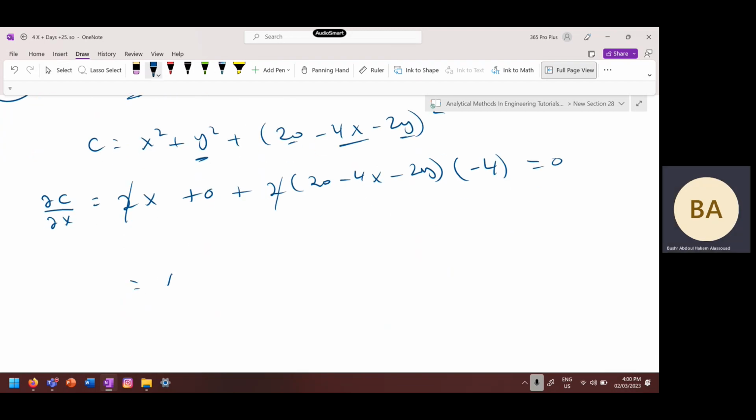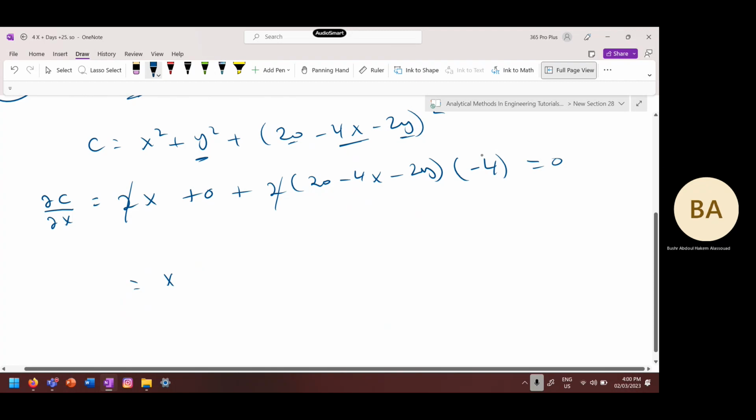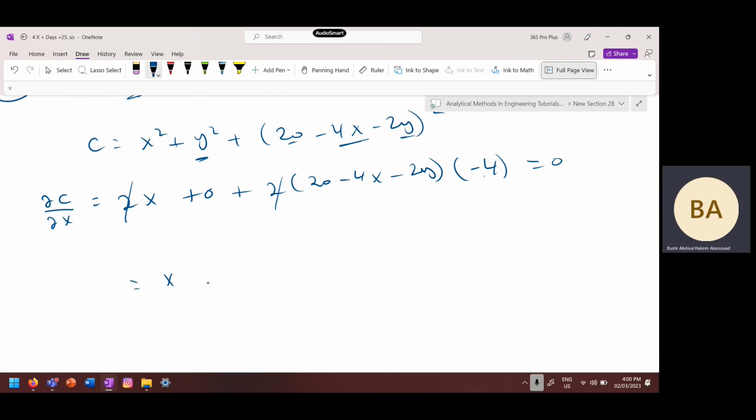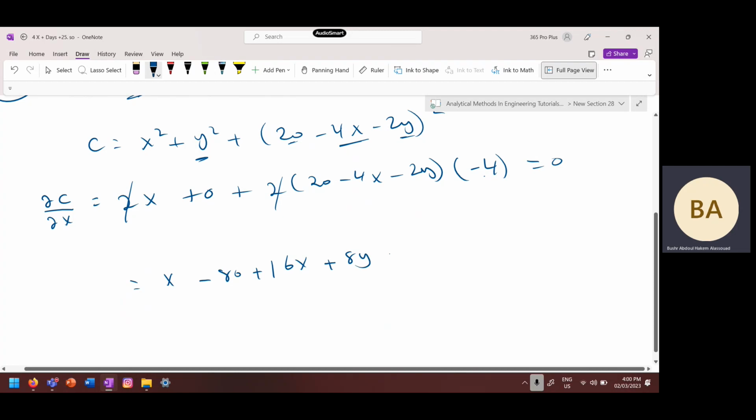So we'll have x, and put the negative 4 here, multiply it. So x minus 80, plus 16x, plus 8y equal to 0. Now rearrange this to have a more usable function.